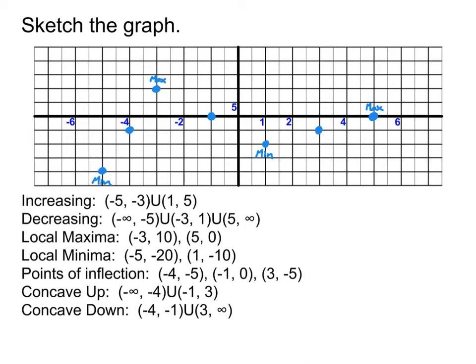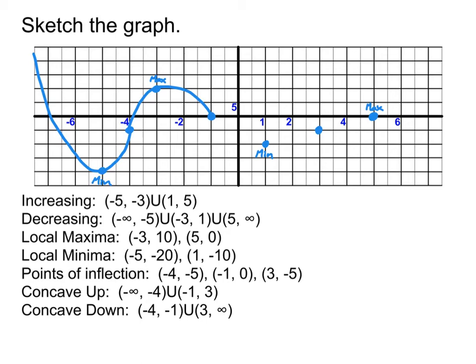Because, for instance, we can see here that it's concave up from negative infinity up to negative 4. So that means that between negative infinity, or my farthest left on my graph here, up to negative 4, I'm going to have to be increasing my slope throughout that entire time. But then it goes concave down from negative 4 to negative 1, which means that between negative 4 and negative 1, I've got to have it make a little bit more of a frowny face there.